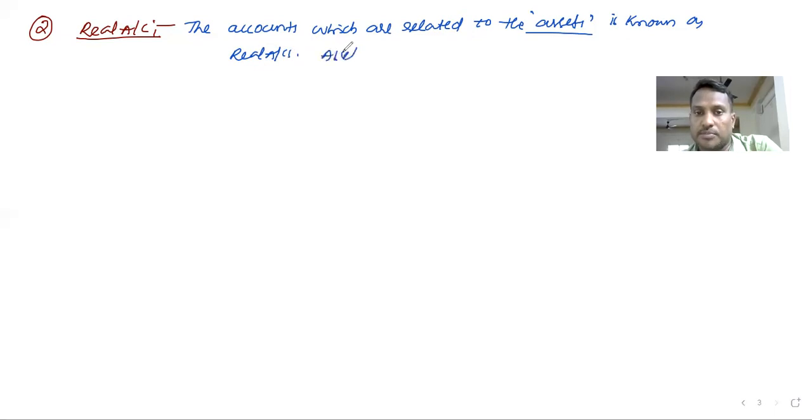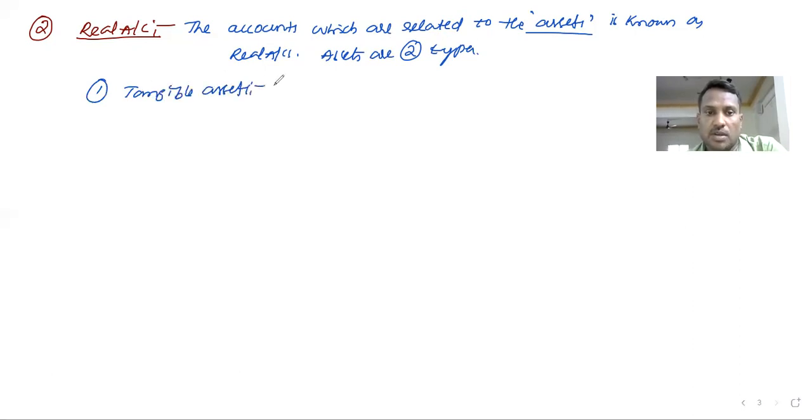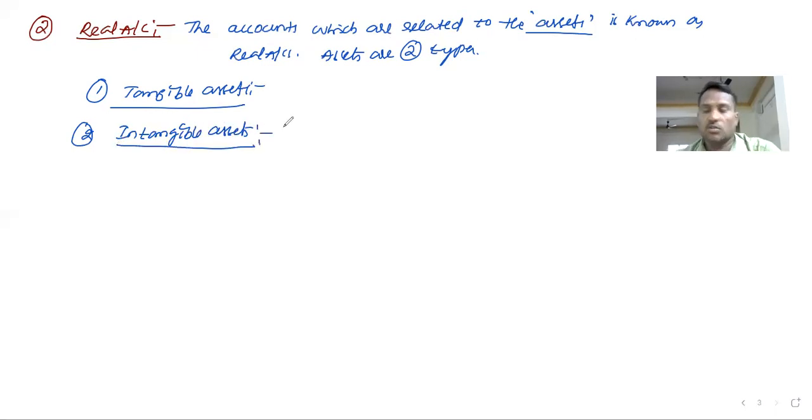Assets are of two types. First one, tangible assets. Second one, intangible assets. So the real account properly belongs to the assets only.